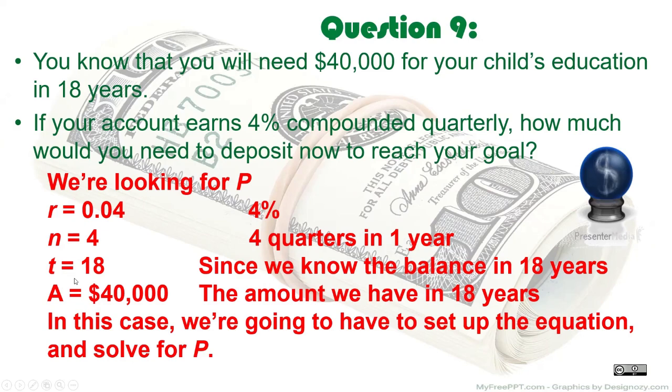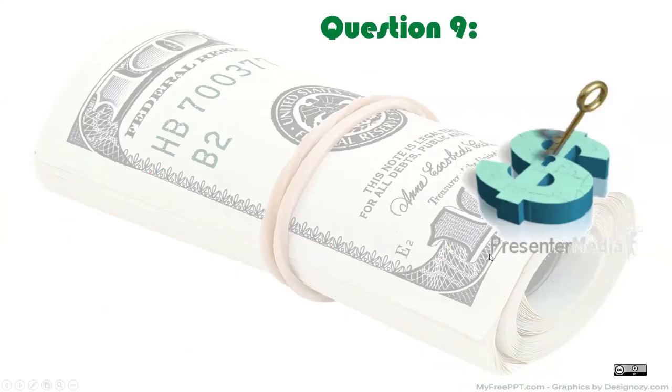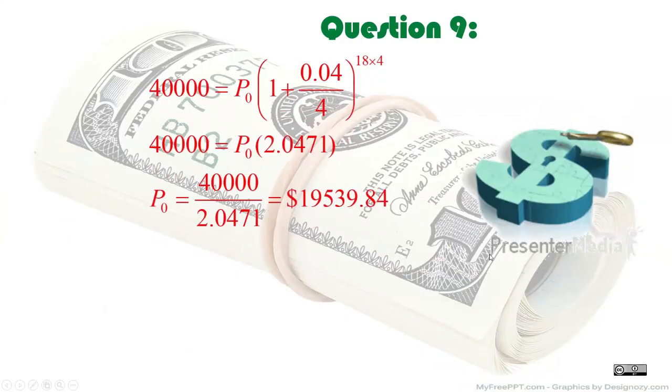So in this case, we set up the equation to solve for P. $40,000 is equal to P, meaning what we'll need to deposit now, our principal, times 1 plus 0.04 over 4 for 4 quarters, and we have that 18 times 4 power.